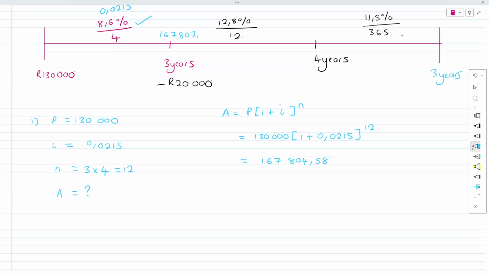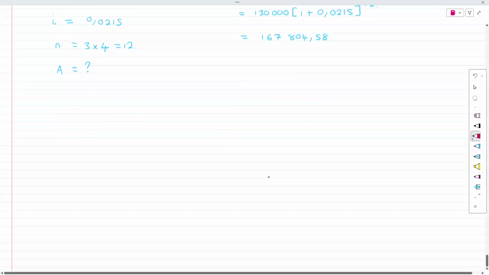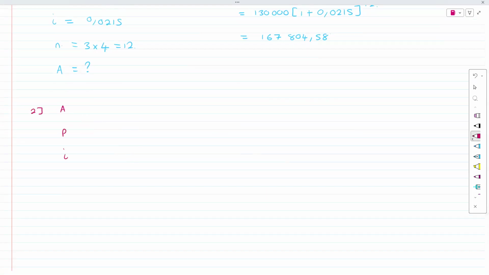Now, before he moved to another bank, we should know that he withdrew 20,000 from this money. So even when we start the second calculation, that's A, that's P, that's I, and that's N. What we need to understand is that P is 167,804.58 minus 20,000 because he used this money for his car.